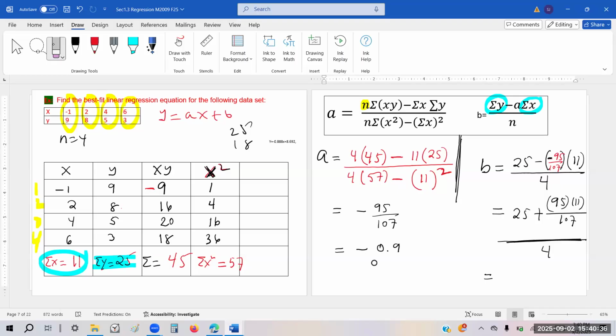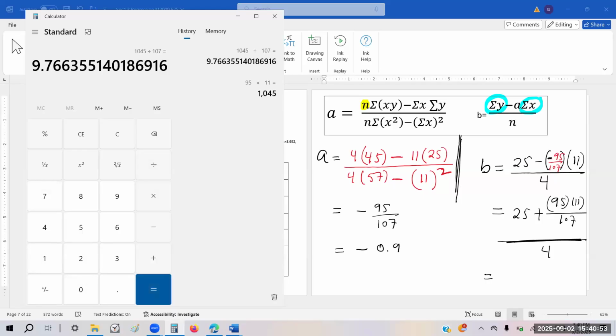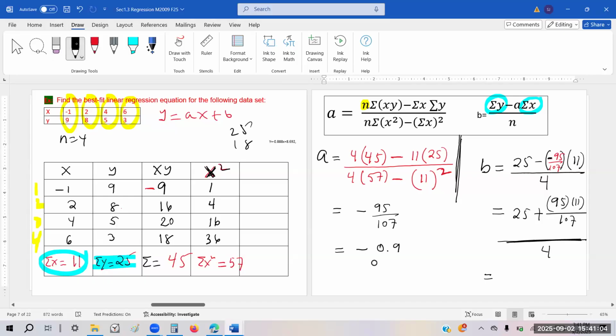No. Okay, so we have 95 times 11. You are dividing by 107. Whatever you have, you're adding 25 with that. Whatever you have, you're dividing by 4. 8.69.